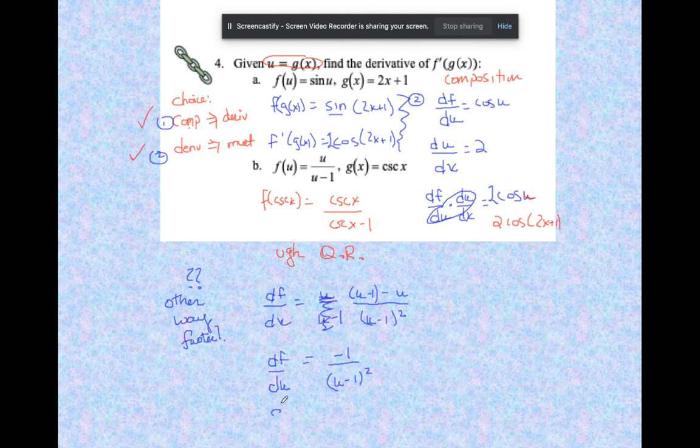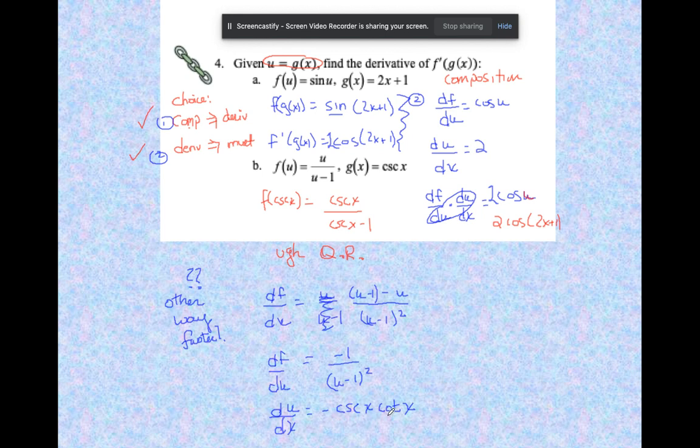What is du? Because remember, u is equal to g of x. What is du dx? The derivative of cosecant is negative cosecant x cotangent x.